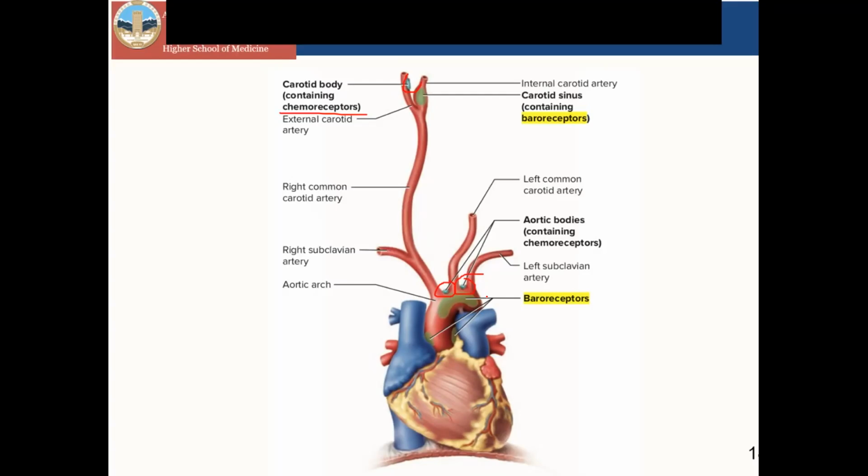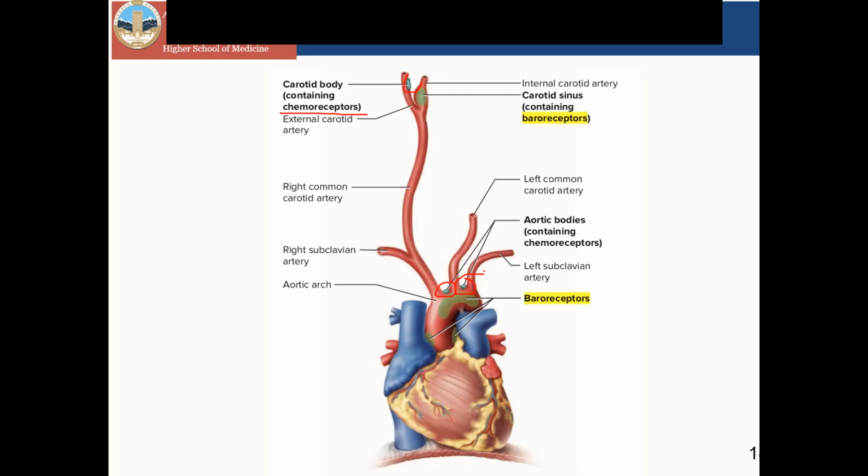Have you heard about pH? Yes. When we have hypercapnia, an elevated level of CO2 in the blood, it means you need more oxygen. These chemoreceptors are mostly connected with the respiratory center, because they give signals to breathing.